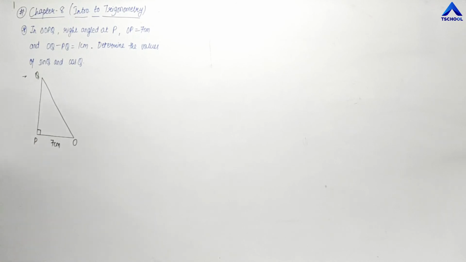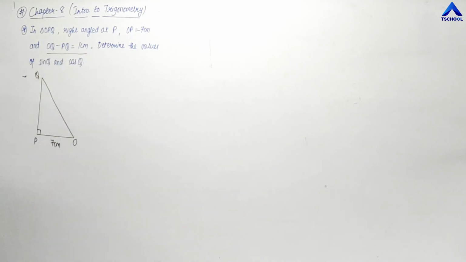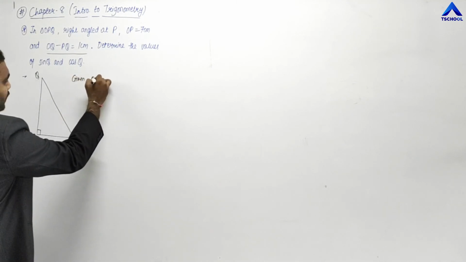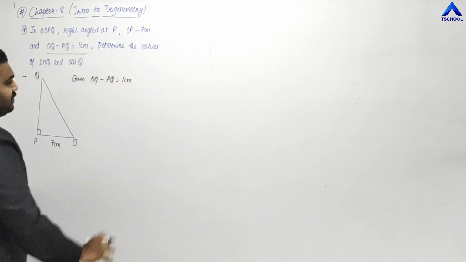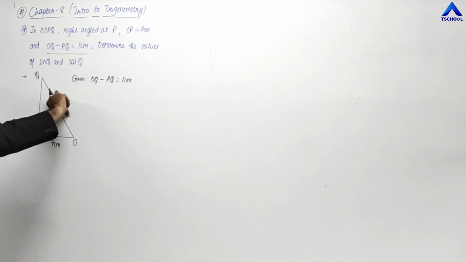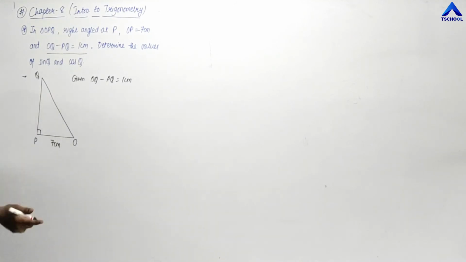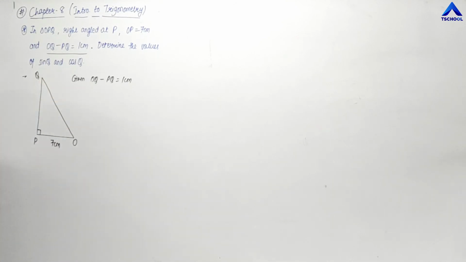Okay. And friends, we are given the second thing, that is the difference of OQ and PQ. That is given, OQ minus PQ is equal to 1 centimeter. We are not given OQ equals 1 centimeter, neither PQ equals 1 centimeter, but the difference of OQ and PQ is 1 centimeter.